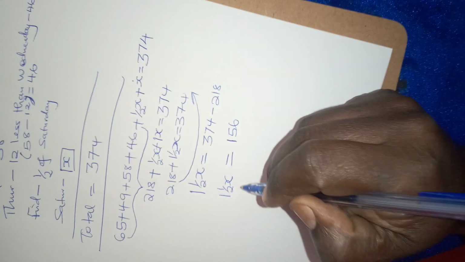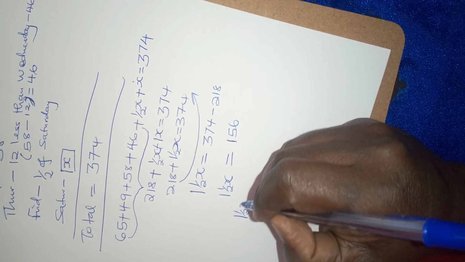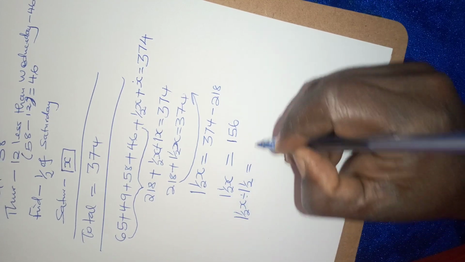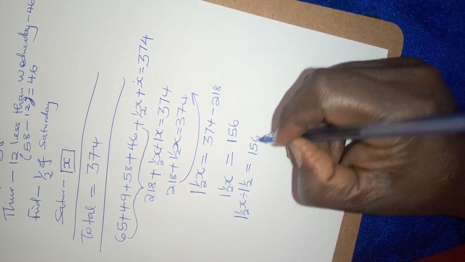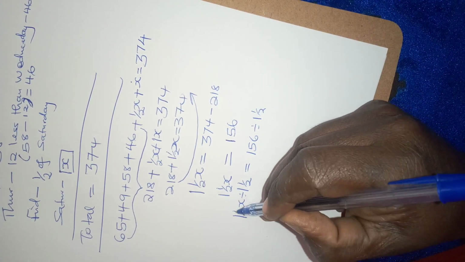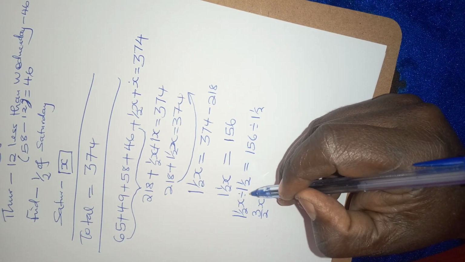If we want to find the value of X, we shall divide both sides by 1.5, and then we also divide 156 by 1.5. The improper fraction of 1.5 is 3/2.